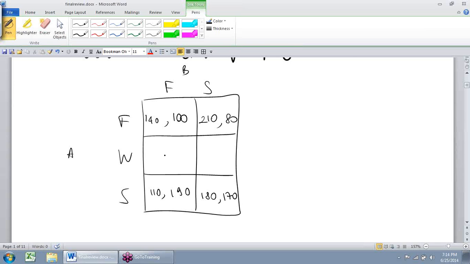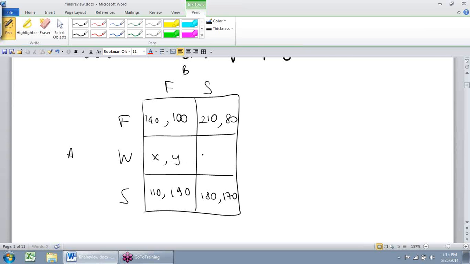And if they both share, we have 180 for A and 170 for B. So here we want to find the payoffs for when A chooses waffle and B chooses fight or share, such that we do not have any Nash equilibrium. I will call these unknown numbers with letters. So we have an X here that is the payoff we want to find for A when he chooses waffle and B chooses fight, and Y is the payoff for B when A chooses waffle and B chooses fight.